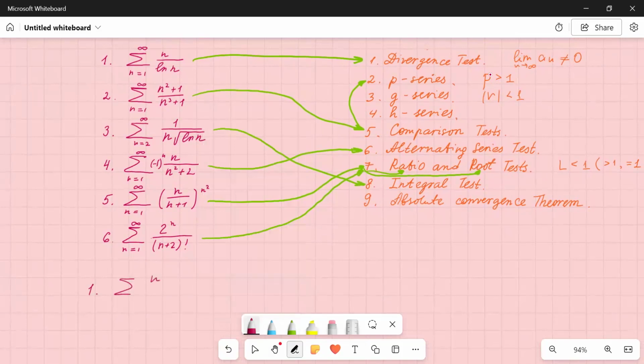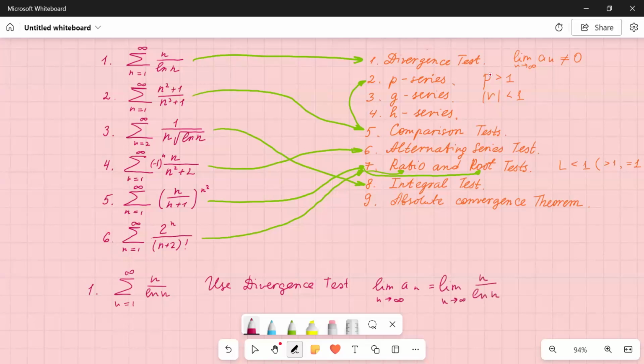and that's the series n over ln of n, and I'm planning to prove it using the divergence test. So I'm going to use the divergence test and find the limit of the term a_n as n approaches infinity. In my case, it's going to be the limit of n over ln of n as n approaches infinity.